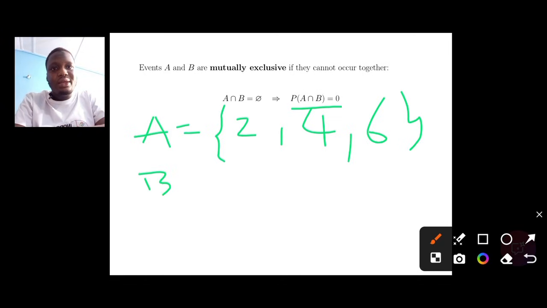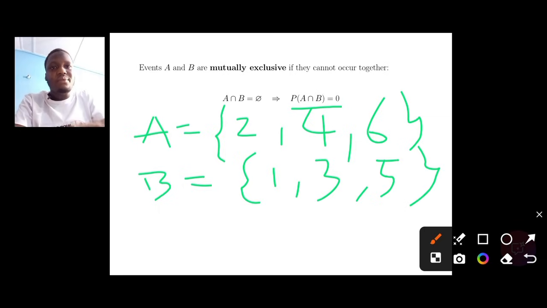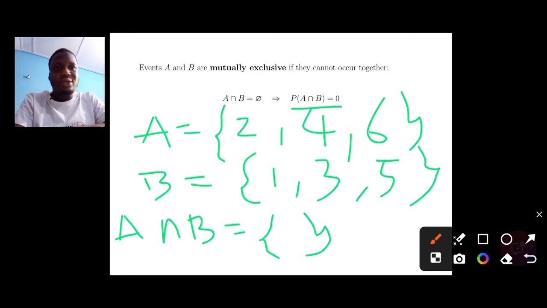B is the event of odd numbers: 1, 3, 5. Okay, now what is the intersection? Nothing at all. Okay, there's nothing in the intersection.